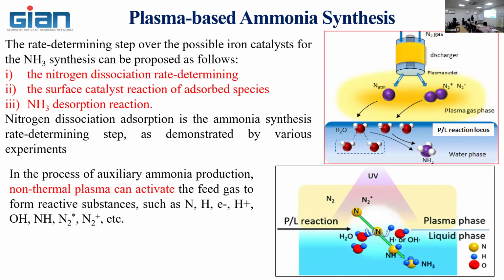In the process of accelerating ammonia production, non-thermal plasma is also involved in producing ammonia. There are many intermediate species coming out during the reaction, as you can see here. Yesterday we spoke about how UV is involved in the ammonia synthesis process.